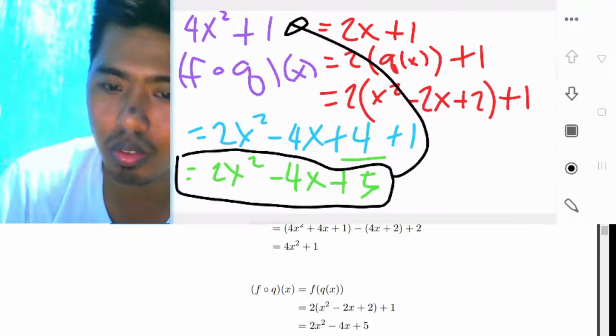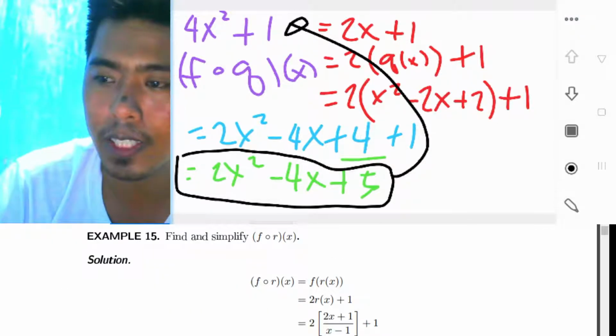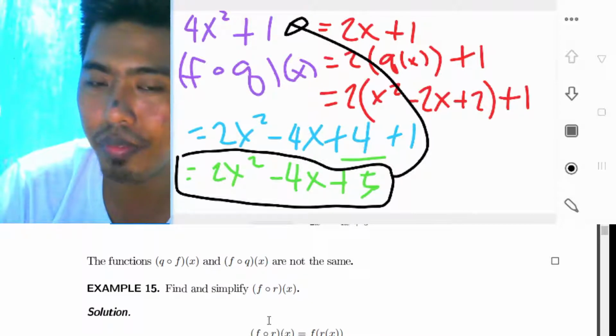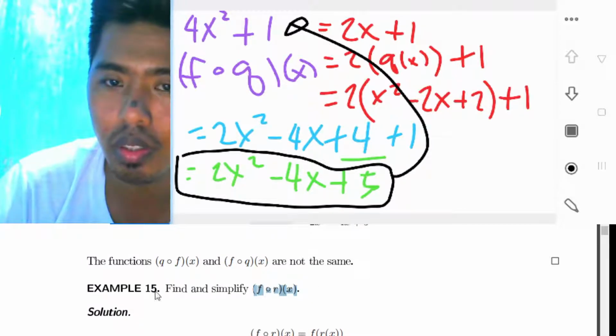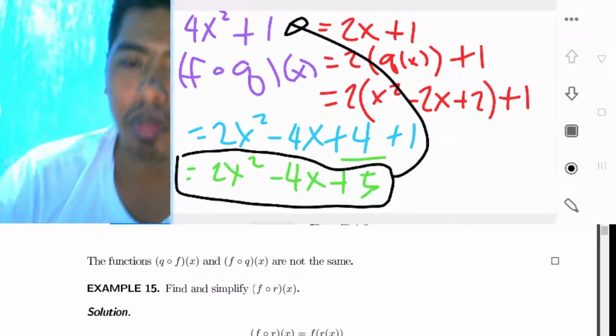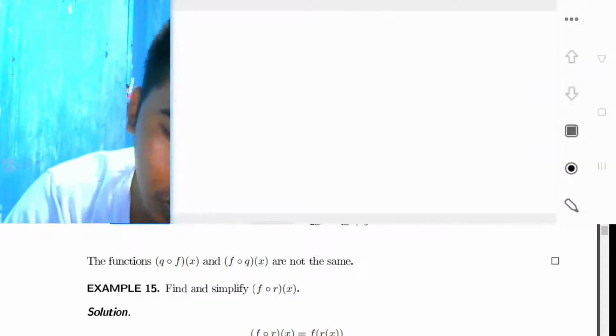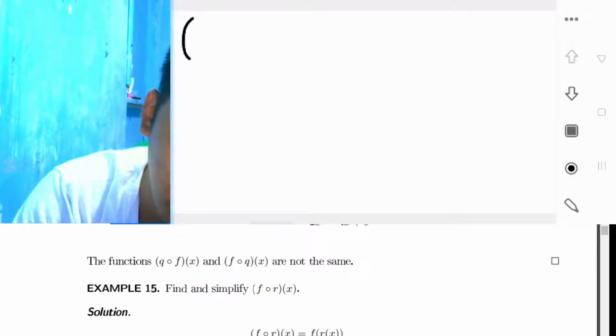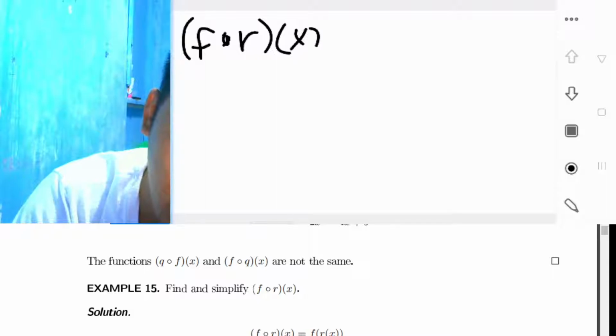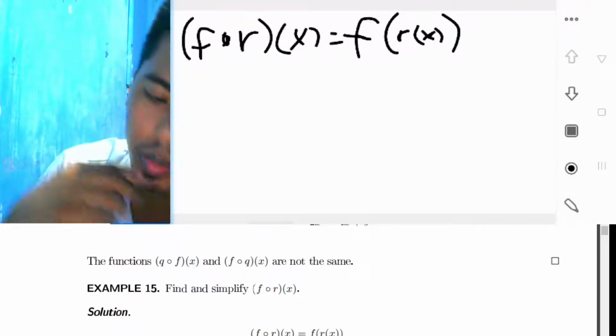Now let's proceed to another example here. So find and simplify. Okay, this one. So find and simplify F composite R of X. This is F composite R of X. So that would be like this, F of R of X. So that would gonna be like that.